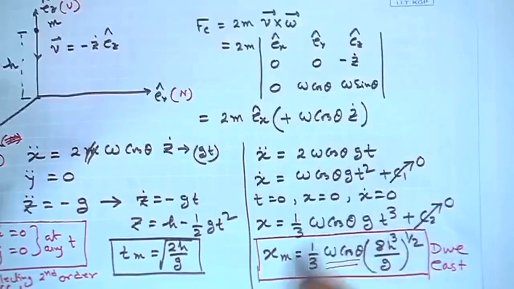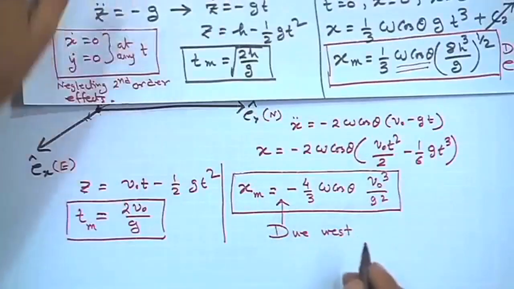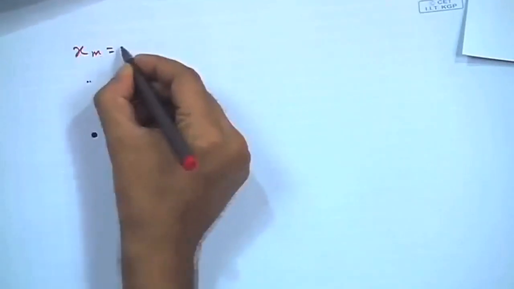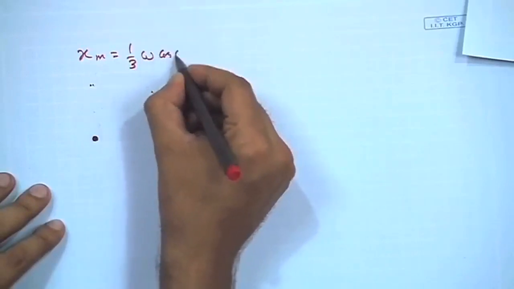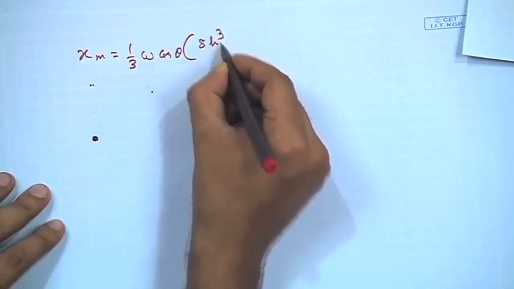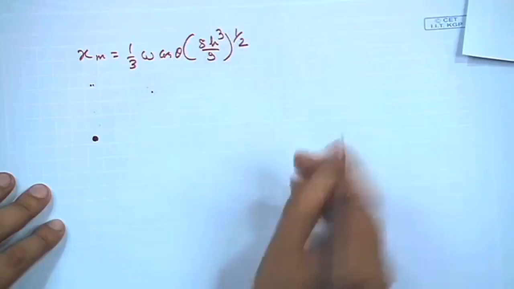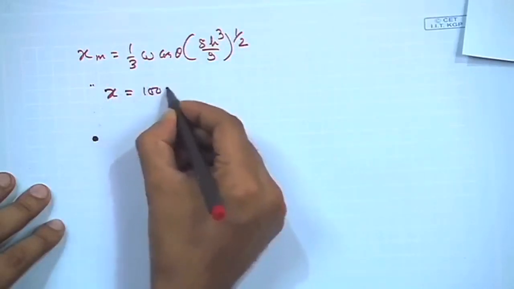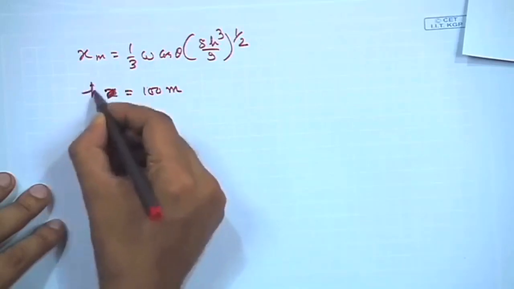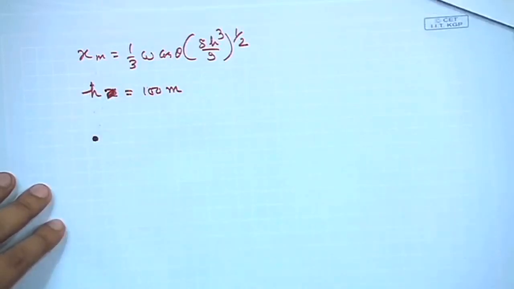So, let us examine this expression to get a feel for it. x m is equal to 1/3 omega cos theta times (8 h cubed by g) to the power half. If we put h equal to 100 meters, what values of deviation do we get?